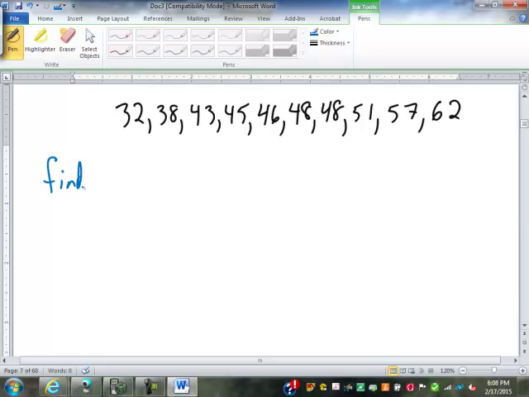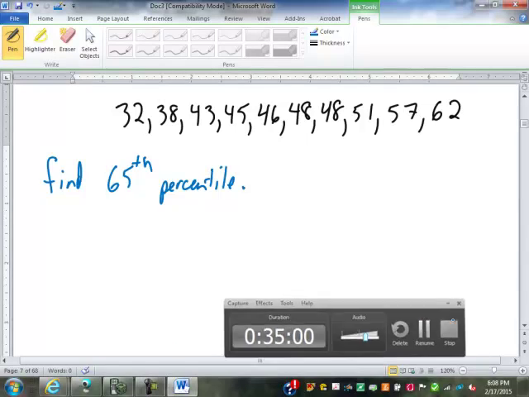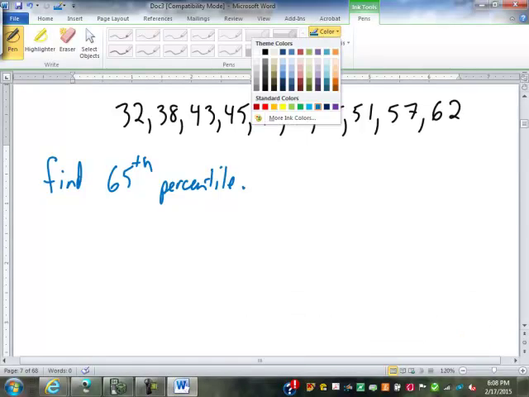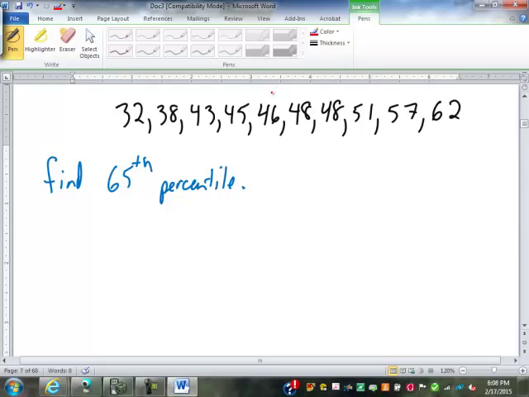Why don't you start out by finding the 65th percentile? Where do we start? Okay, well, first thing we have to figure out is what is n.